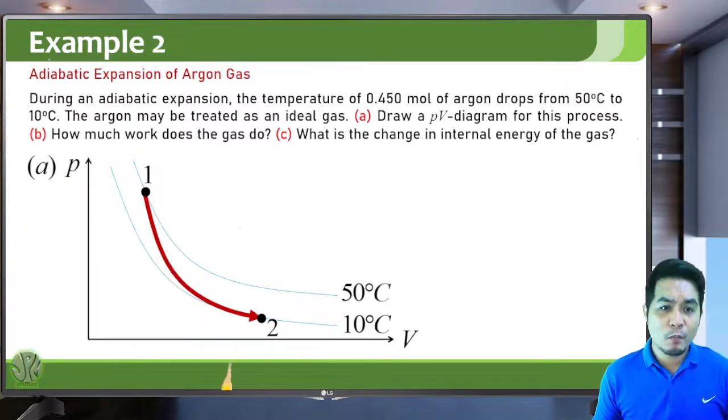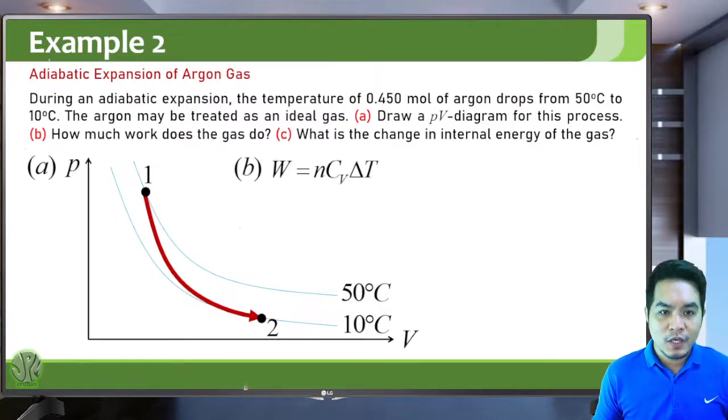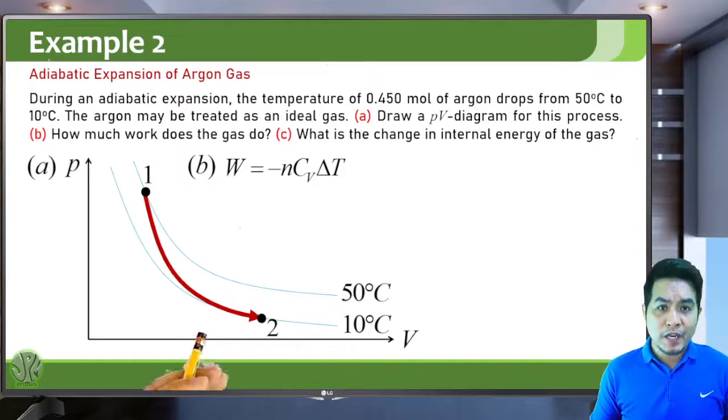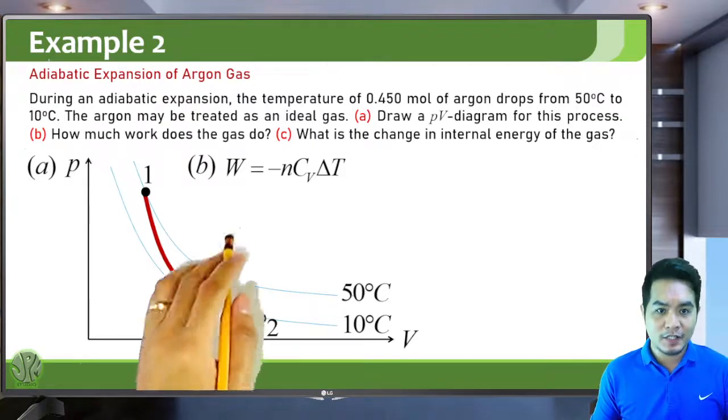So second question, how much work does the gas do? Work is just nCv delta T. The work done by the gas is just the negative change in internal energy of the gas.